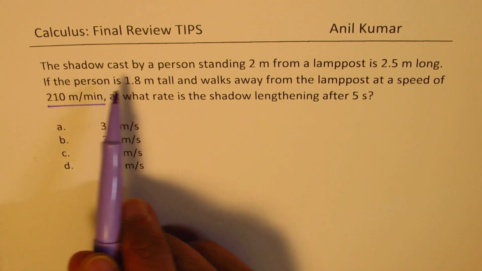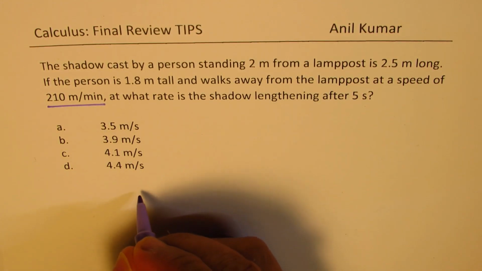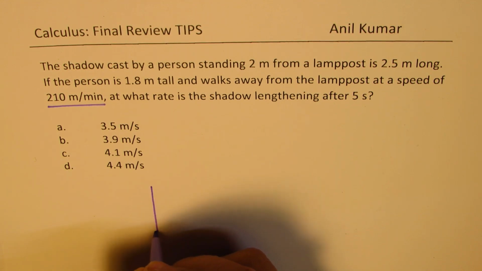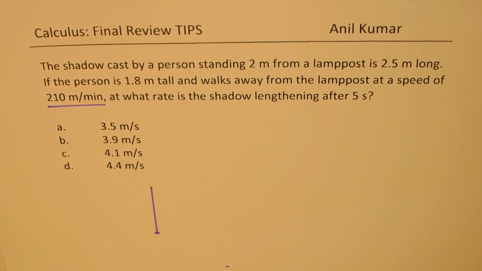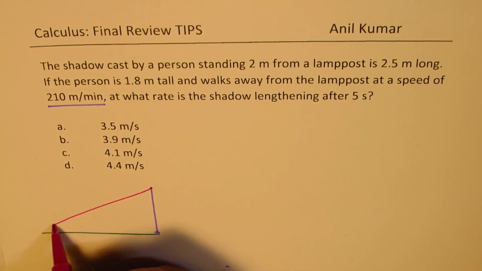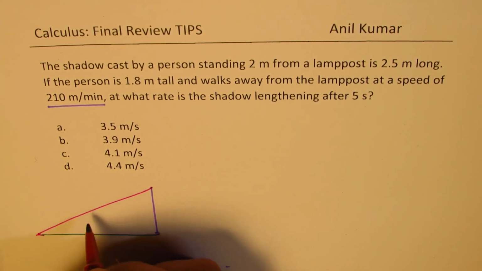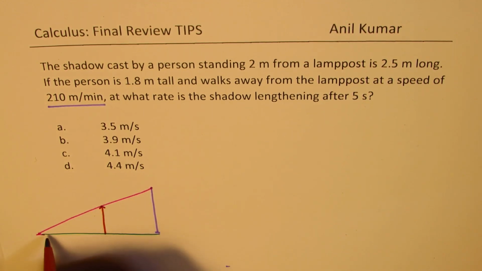Okay, so shadow cast by a person standing 2 meters from a lamppost. Let us say this is the lamppost for us, right? And let's say this is the ground. Now, the rays are coming like this. Here is a person whose shadow is being cast.